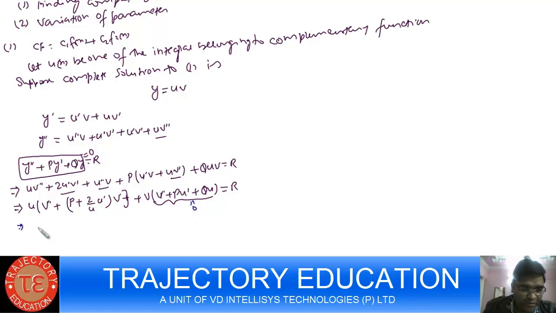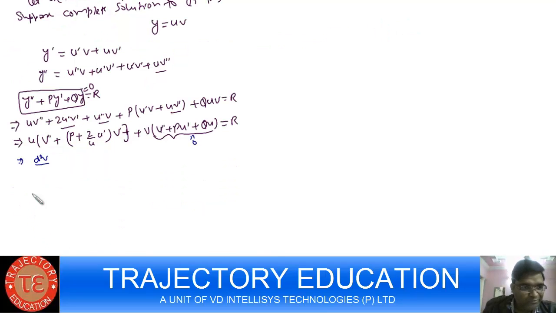So your differential equation now becomes d square v by dx square plus (p plus 2 du by dx over u) dv by dx equals r upon u. So this is your differential equation.